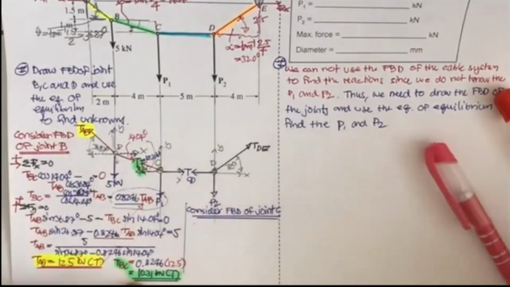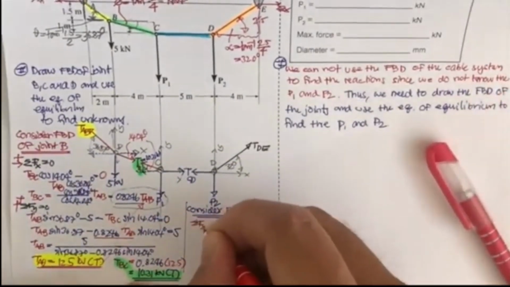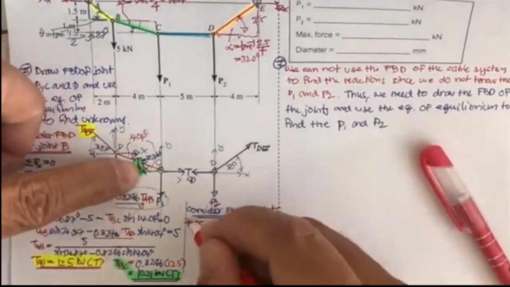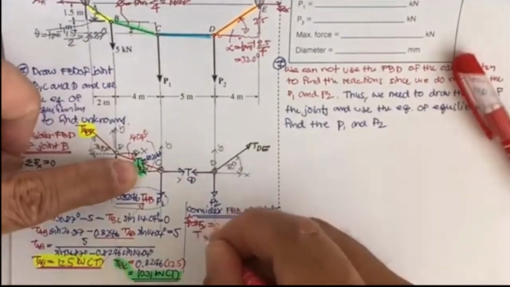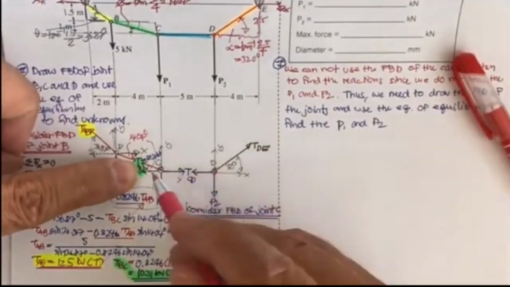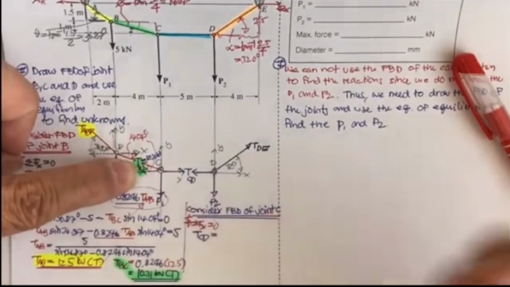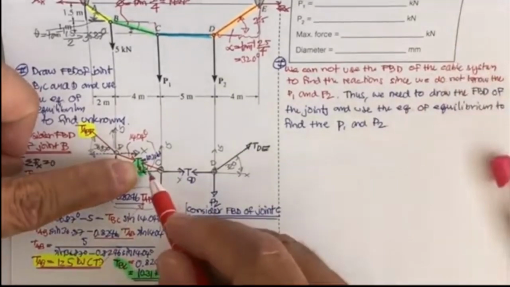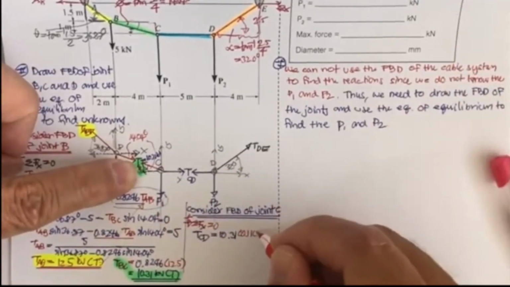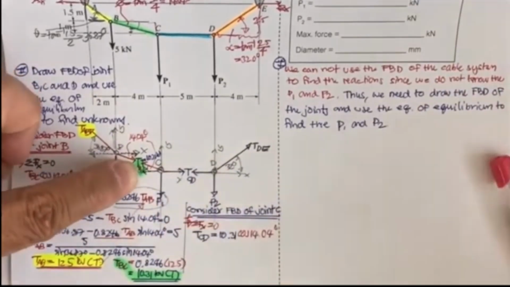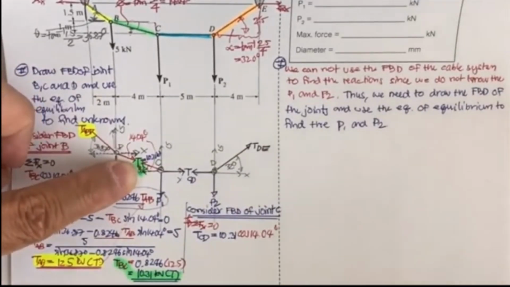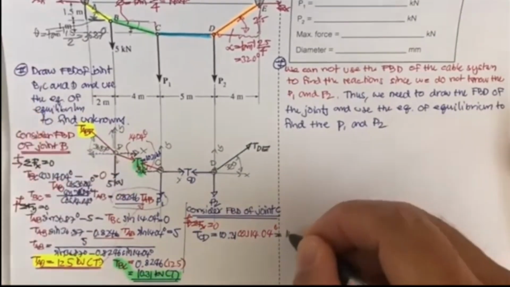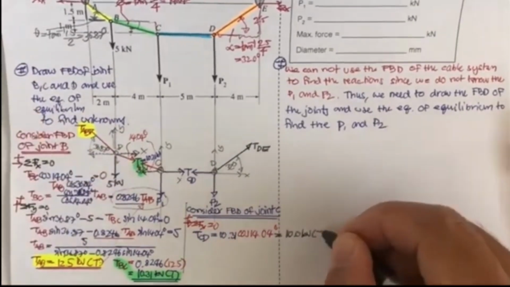So just summation of F sub x equal to 0. And then you get this T sub CD, this is plus. You may get T sub CD to the right, and this one is to the left, equal to 10.31. And when you project to this, it's going to be cosine 14.04 degrees. And now you get the answer easily. That is going to be equal to 10.0 kilonewton, and it's in tension.